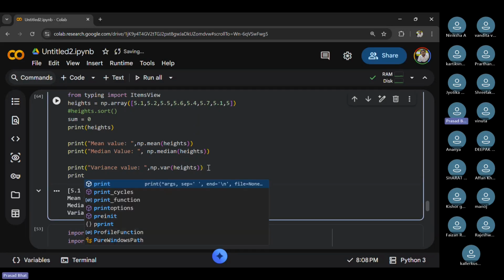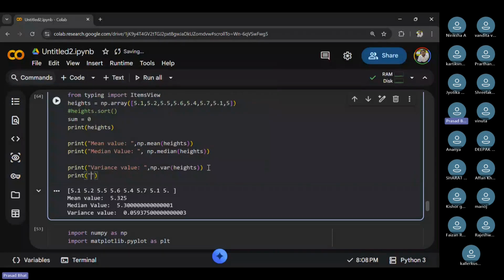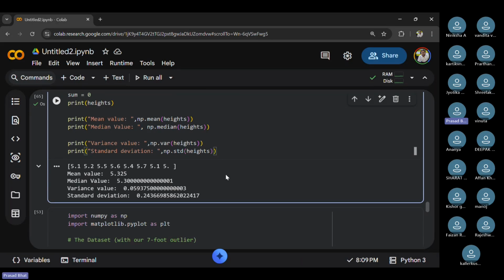Let me do the standard deviation as well. And here there is a small catch that I need to tell you. Standard deviation, np.std of heights. Look at this. Can you see the contradictory values here? When we saw the formula in the theory part, standard deviation is the square root of variance, right?